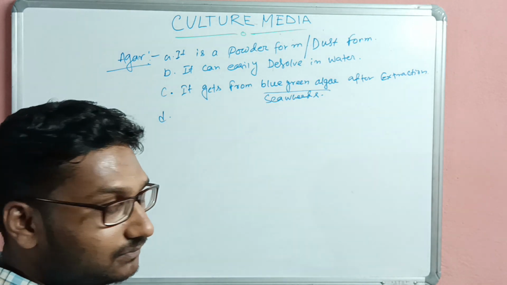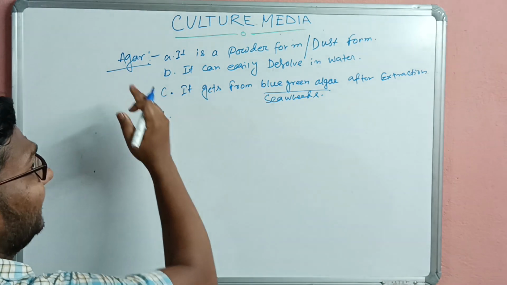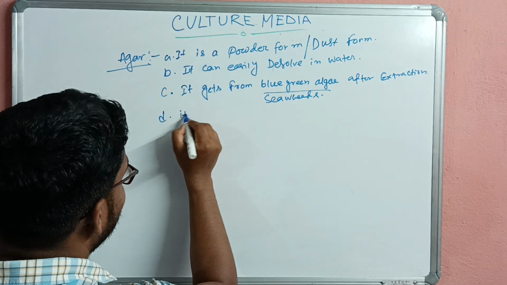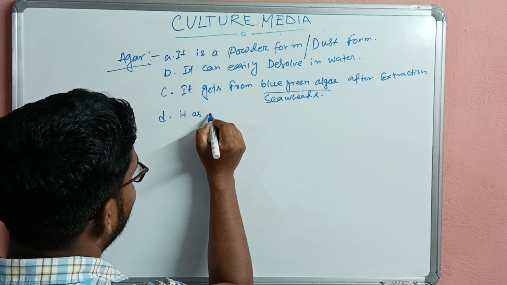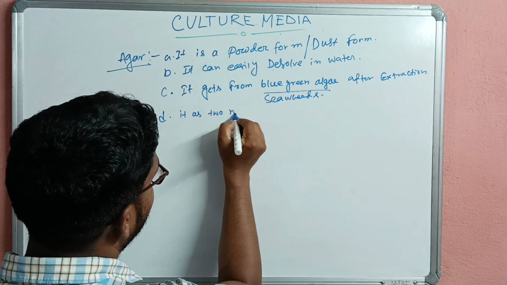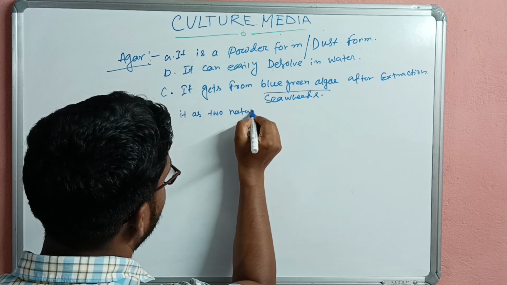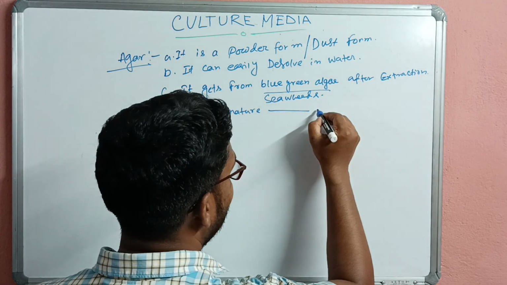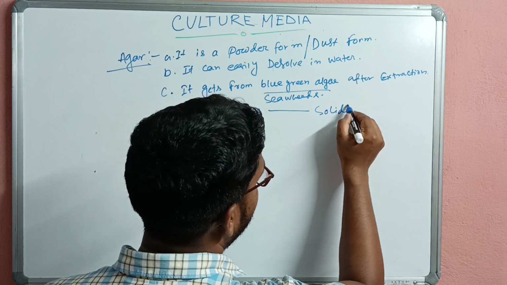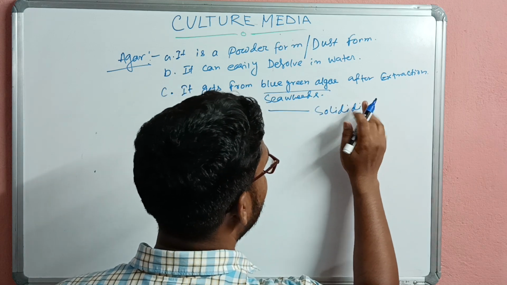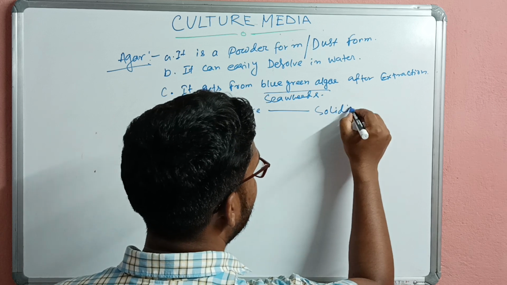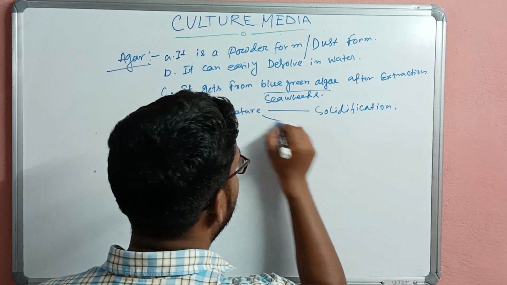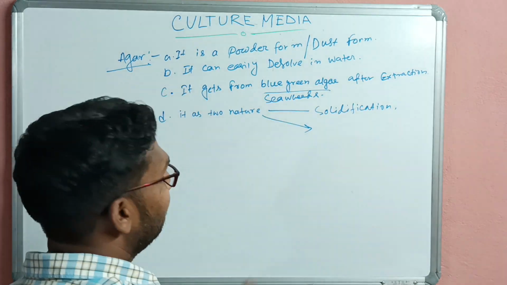Number D. Why do we use agar? It has two natures. Number 1 is solidification. Number 2 is liquefaction.